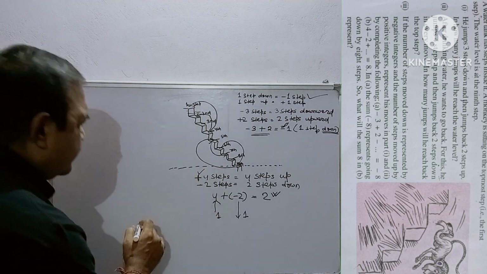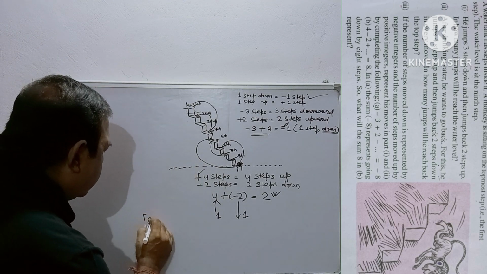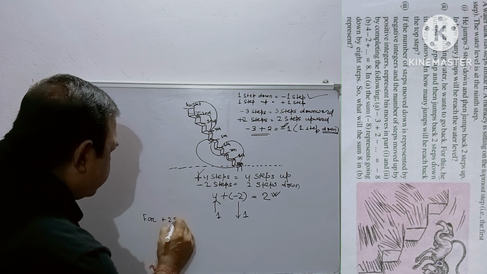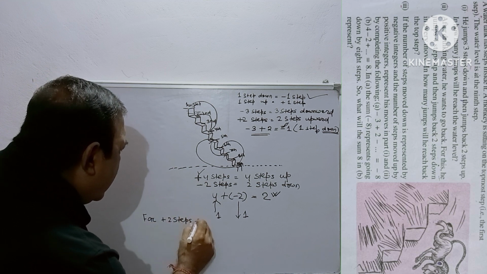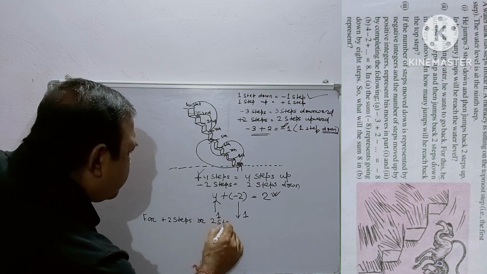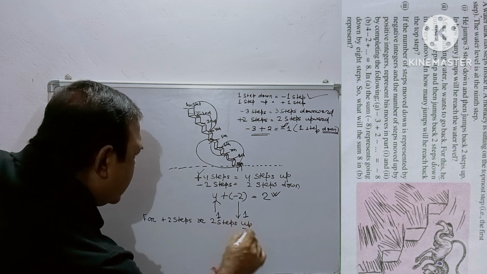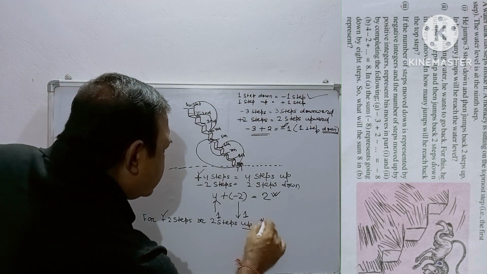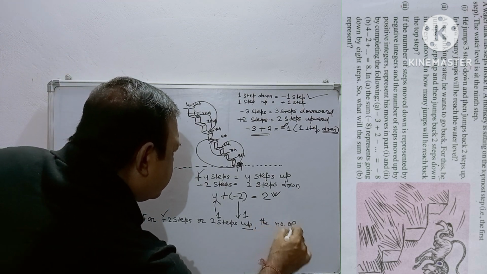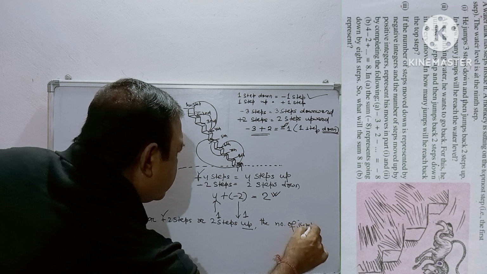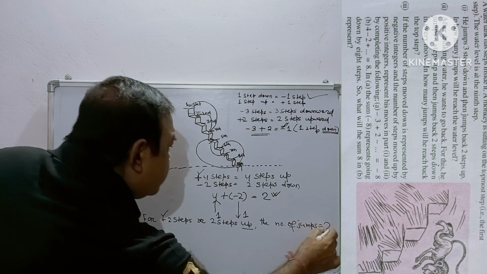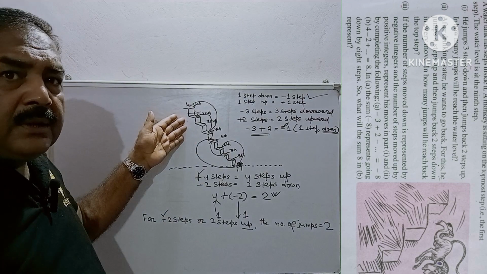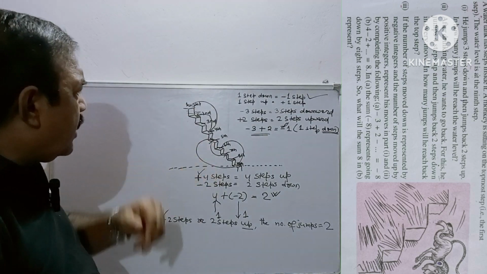So we may write for plus 2 steps, here it is the positive sign, the number of jumps is equal to 2.